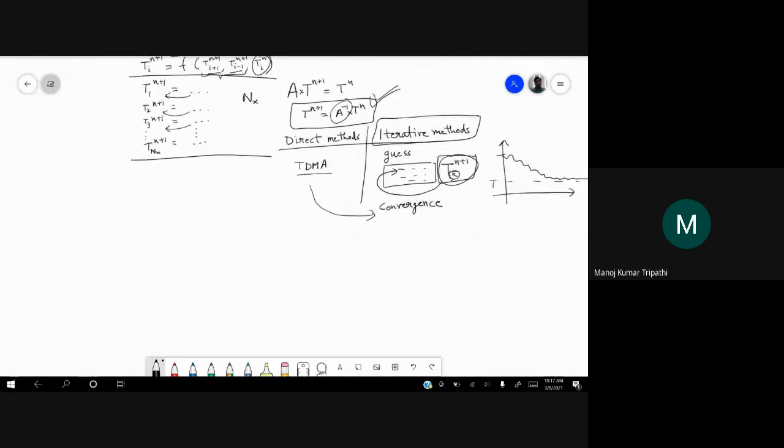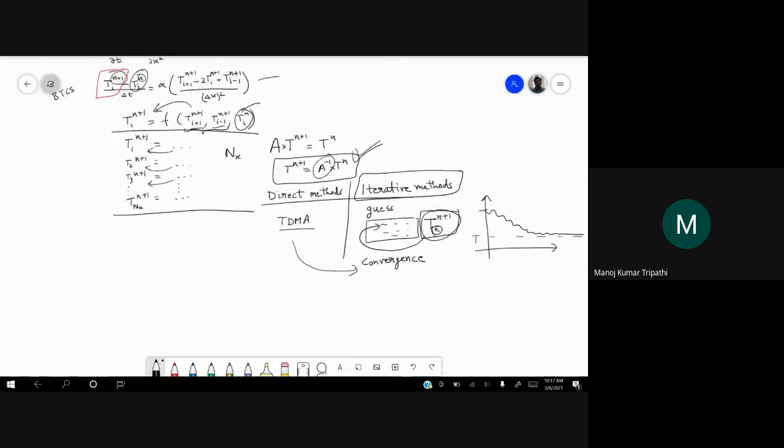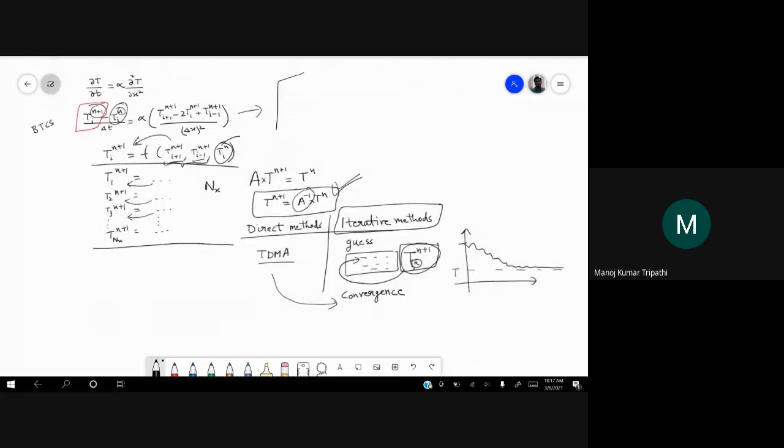And also we discussed that for this one-dimensional problem, this coefficient matrix, as you can guess, has three diagonals: the main diagonal, upper diagonal, and lower diagonal. Other coefficients are all zero. So that's why this algorithm is called tridiagonal. There are three diagonals, and for that it is applicable.